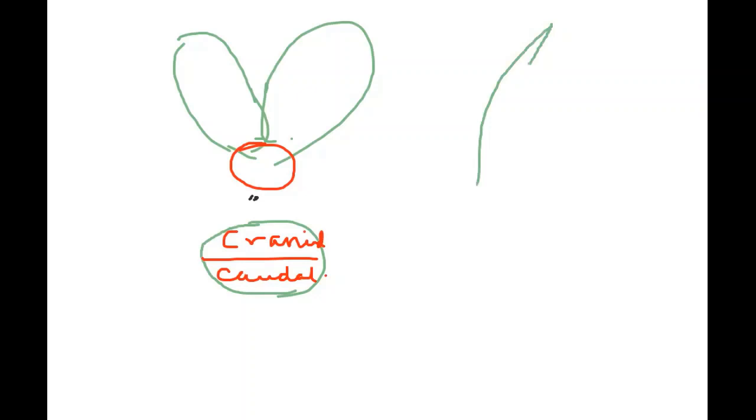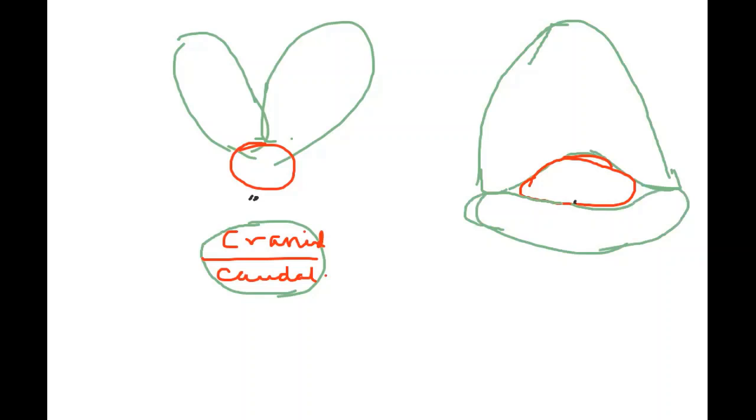So later on, these swellings fuse with each other. First, the tuberculum impar and the lingual swellings fuse with each other like this to form the anterior 2/3 of the tongue. Right? Then the cranial component of the hypobranchial eminence will also fuse with this to form the posterior 1/3 of the tongue.